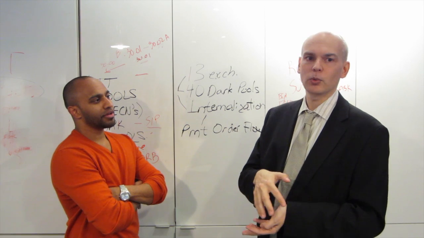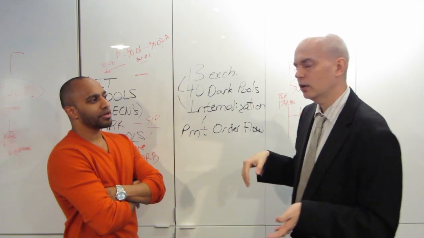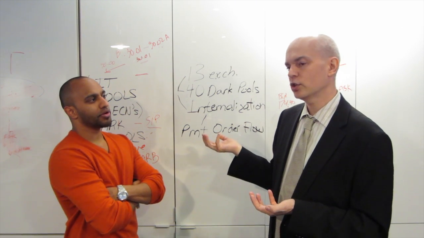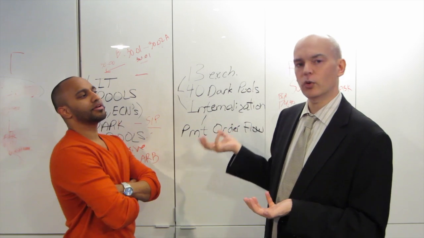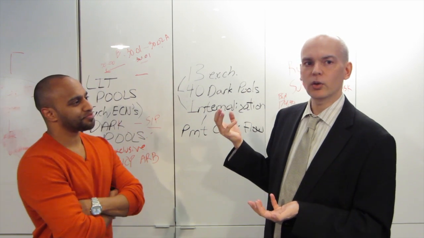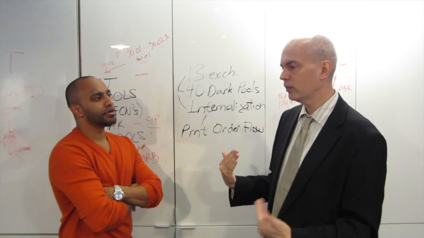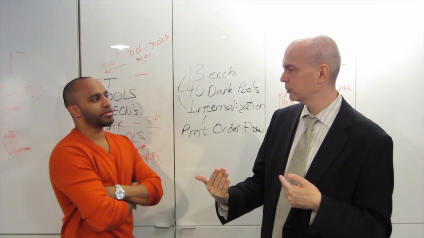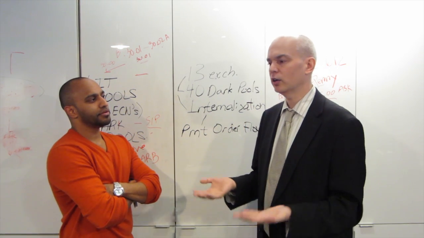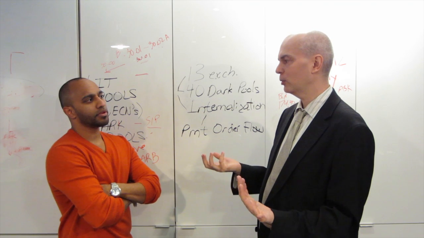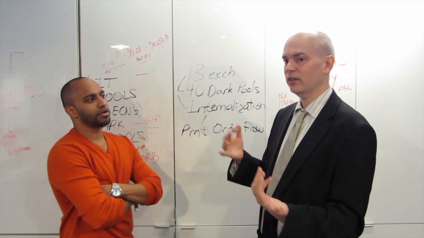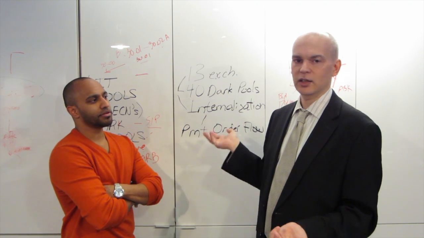So you have this pattern of off-exchange cherry picking all the good orders, all the orders that look uninformed, all the orders that are small enough that they're not going to move the market, and the less favorable orders go to the exchange.